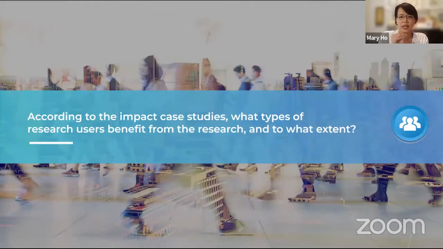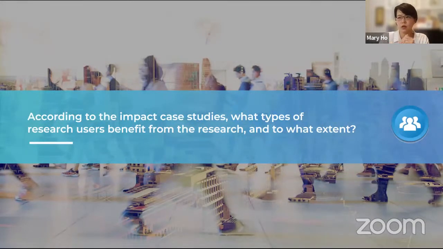Finally, let's go to the last research question we looked at for this report. This is focused on what types of research users actually benefit from the research and to what extent.